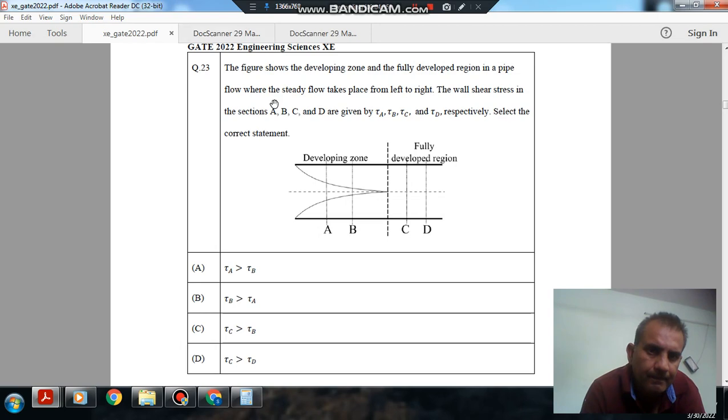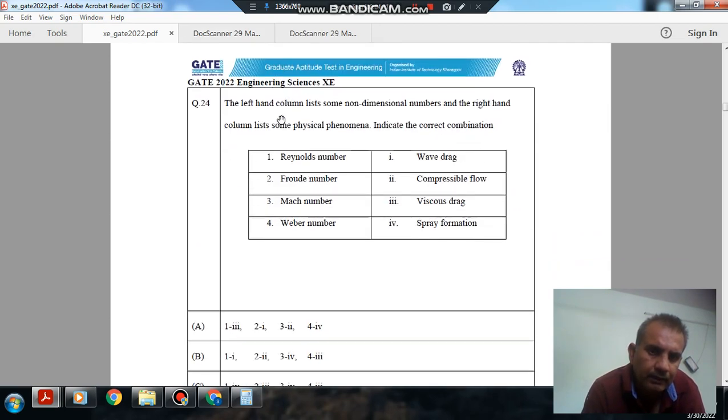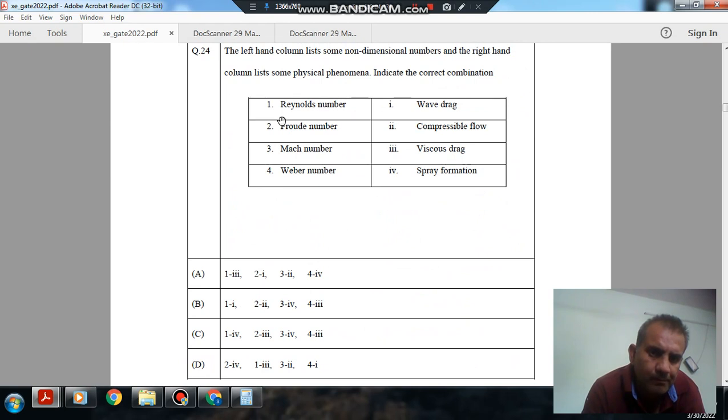Okay. Next, the left column lists some non-dimensional numbers and the right hand column lists some physical phenomena. Indicate the correct combination. 1 Reynolds number, 2 Prandtl number, 3 Mach number, 4 Weber number.